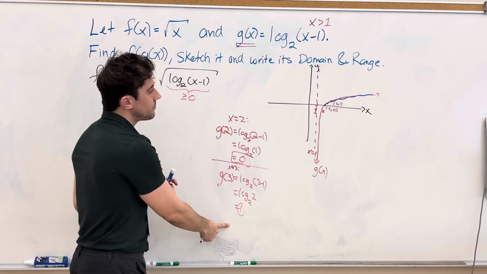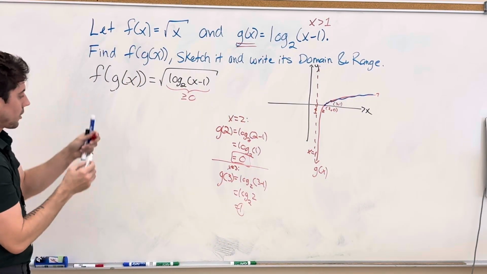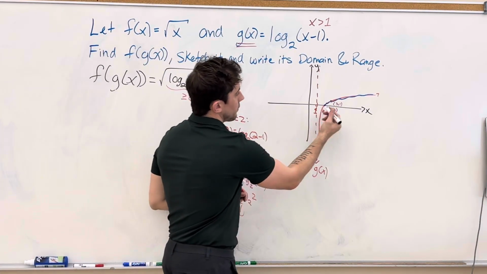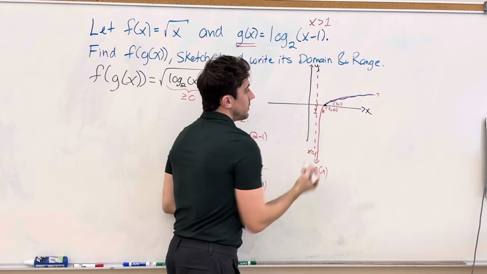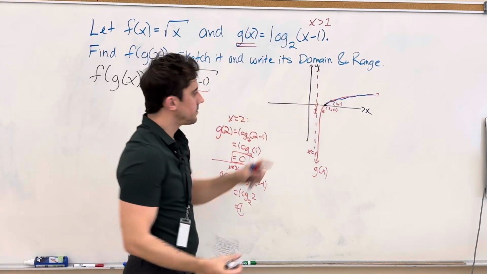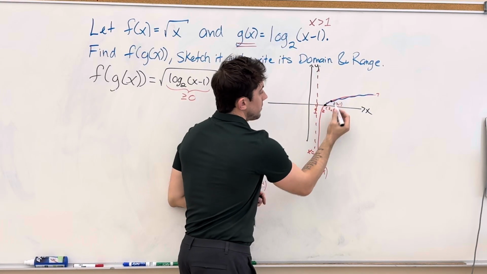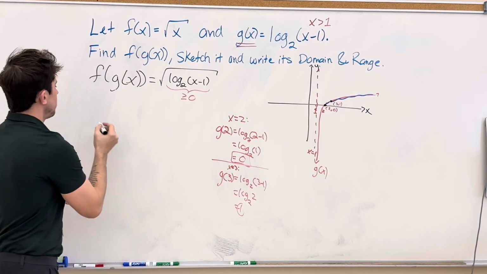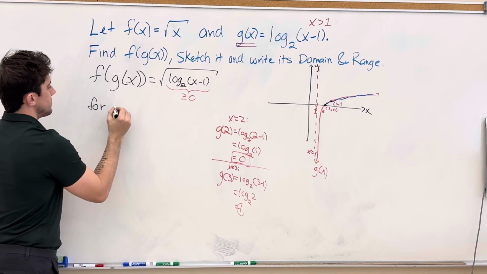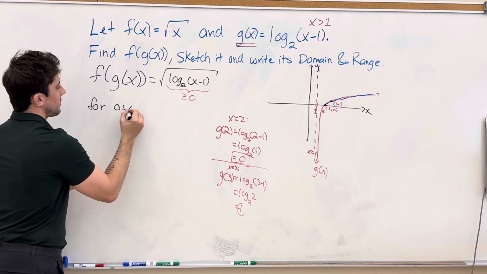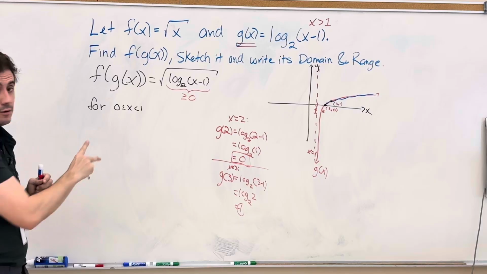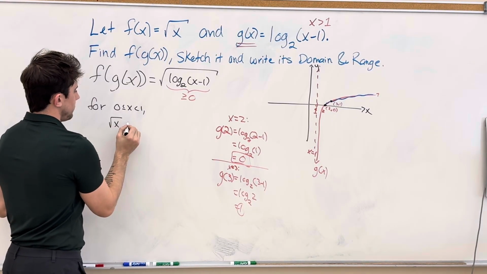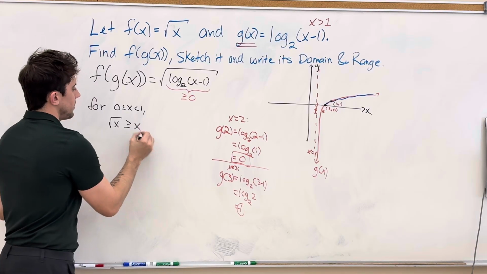3 and 1. Now, for our composite function f of g of x, if we take the square root, right, the square root of 0 is going to be 0. And then the square root of 1 is 1, right? If you remember your radical functions, for x values between 0 and 1, like so, the square root of x is usually bigger than x.